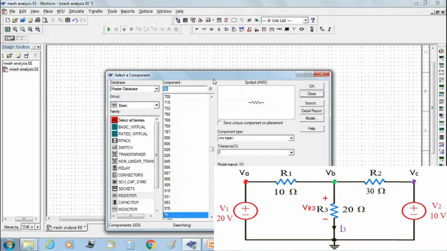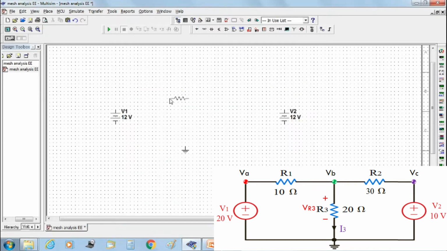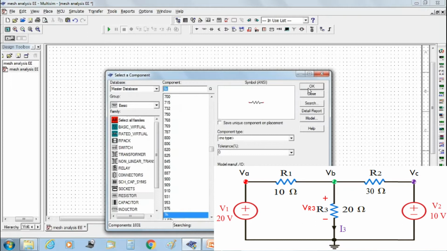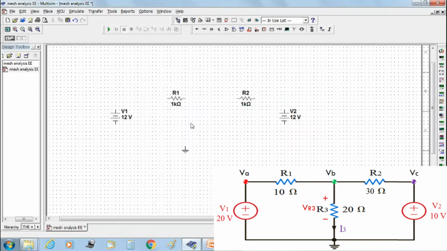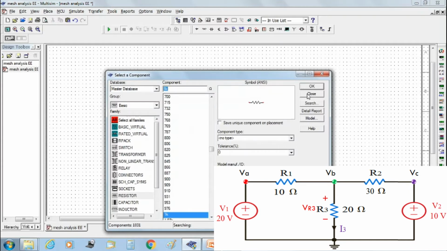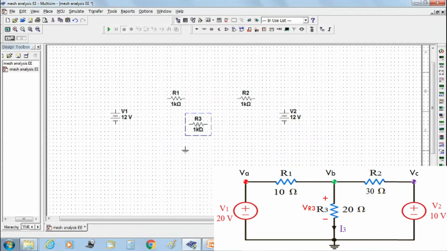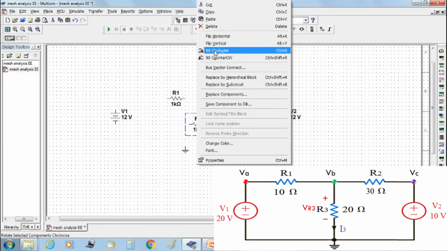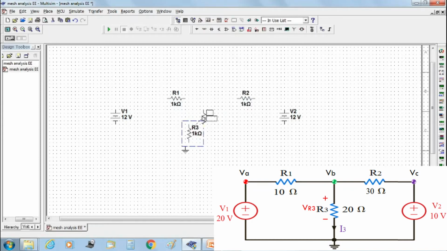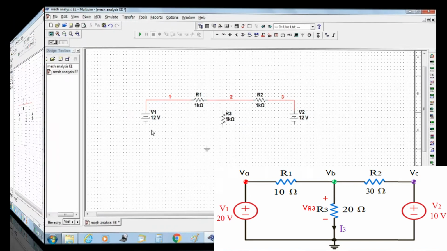Again from the component toolbox, select three resistors, resistor R1, resistor R2 and resistor R3. Close the component toolbox. Orient the resistor R3 in a clockwise direction. Then make a connection. Connect voltage source V1 to the resistor R1, resistor R1 to the resistor R2 and resistor R2 to the voltage source V2.